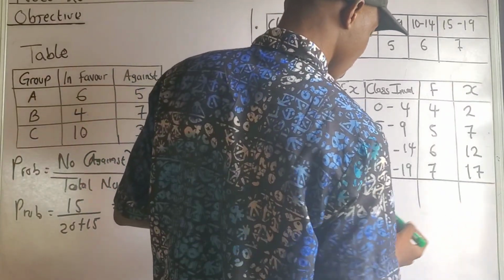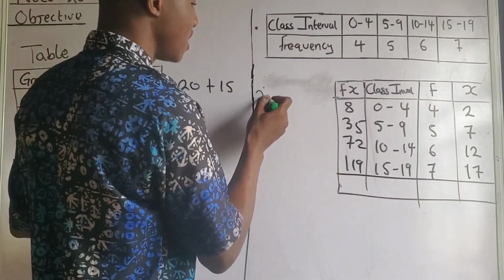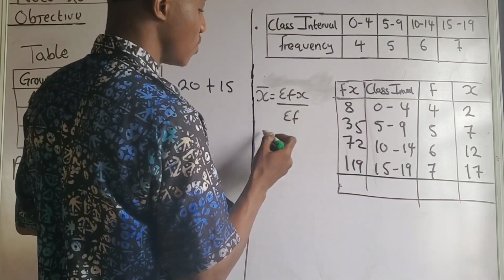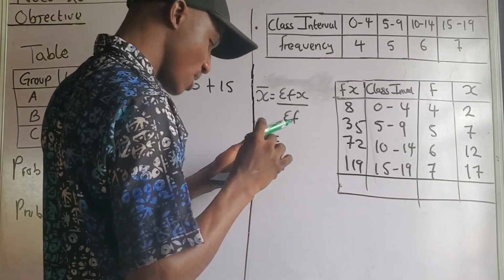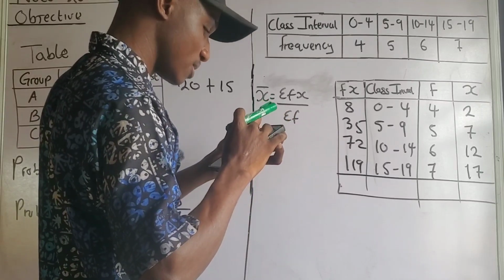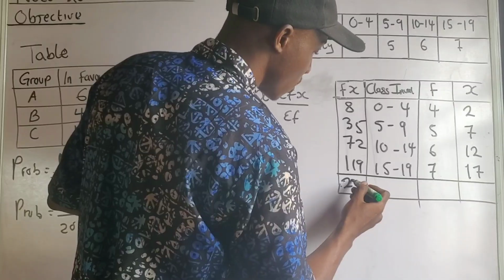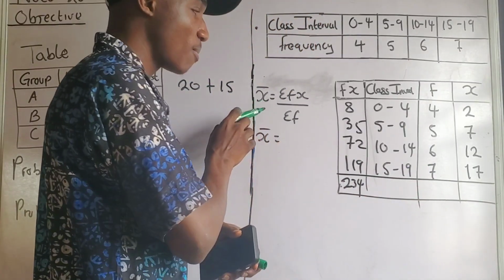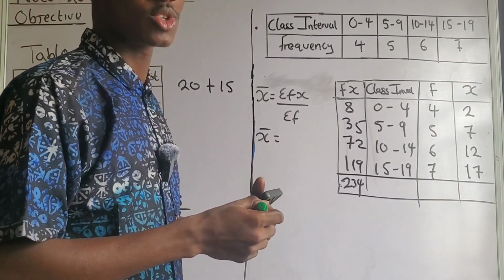Since the formula for mean is summation fx all over summation f, the mean equals the summation of all these values. So 8 plus 35 plus 72 plus 119, that is 234. Now we still need to sum all the frequencies, because the formula tells you what you're going to have on the table.